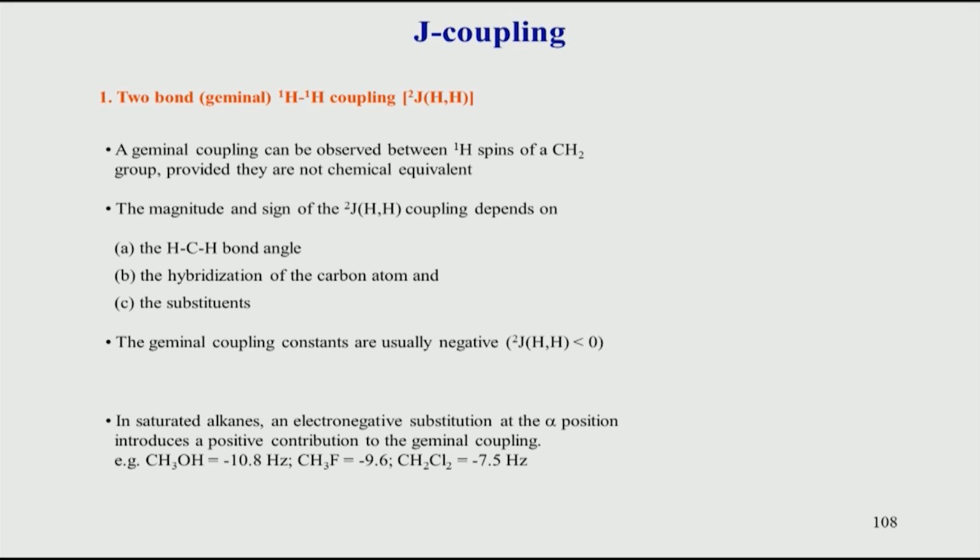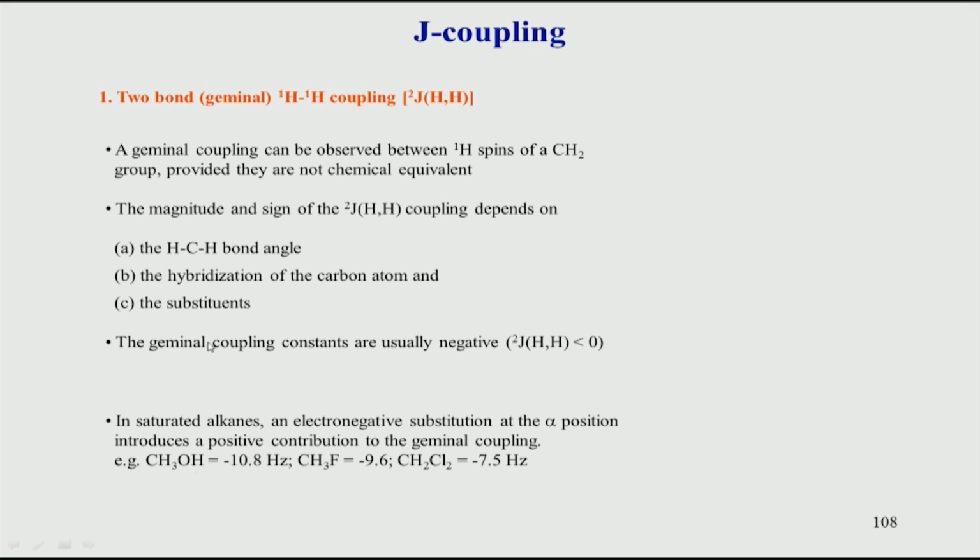That is why 2D NMR and other techniques are available to find out the sign, meaning whether it is negative or positive. From a simple 1D NMR, the splitting, the multiplet peaks which we see because of coupling, you cannot figure out whether it is a negative or positive coupling.